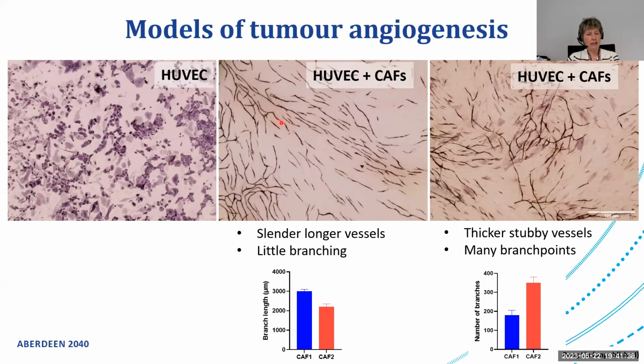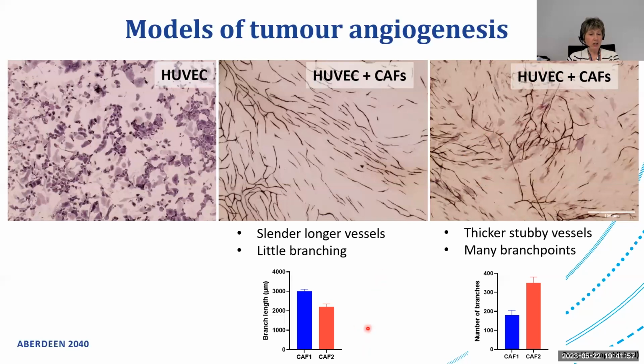Here we can see some slender vessels forming with very little branching, whereas with this particular carcinoma-associated fibroblasts, the vessels are a lot shorter, more stubby, and we're seeing quite a lot of branch points.